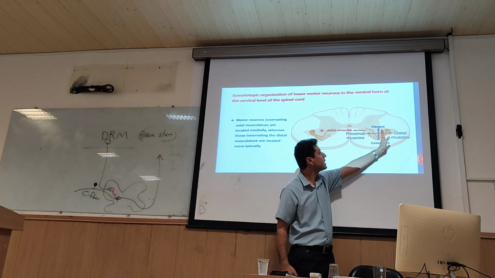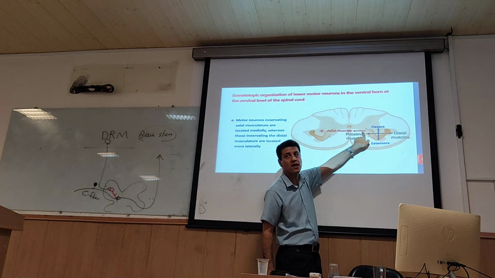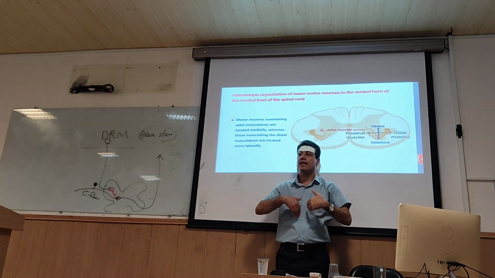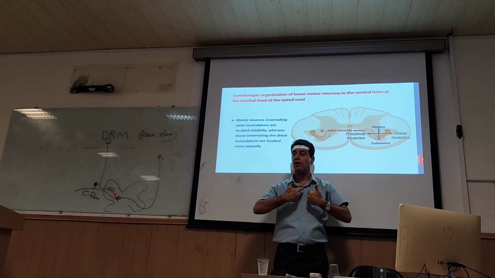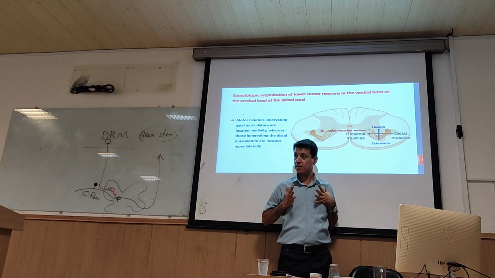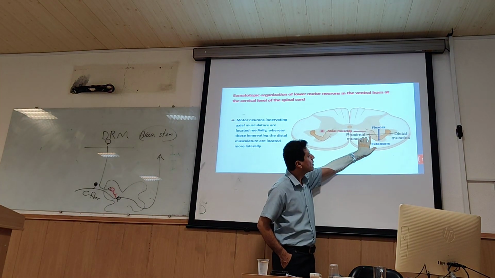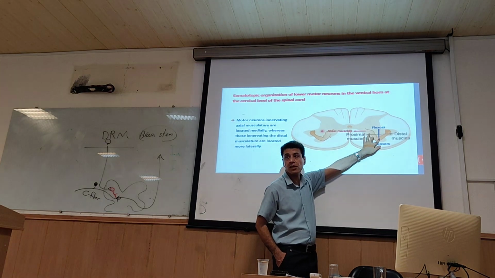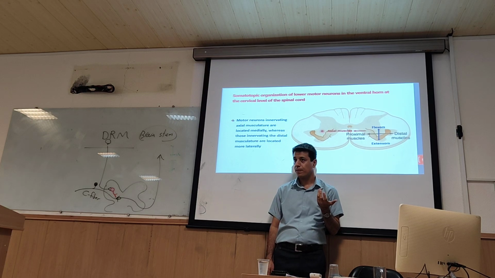They are located most laterally. But in the most medial part, we have alpha motor neurons that innervate axial musculature. Muscles of the neck, muscles around the spine, muscles of the trunk, right? So axial musculature. In between, we have alpha motor neurons that innervate proximal part of the arm.